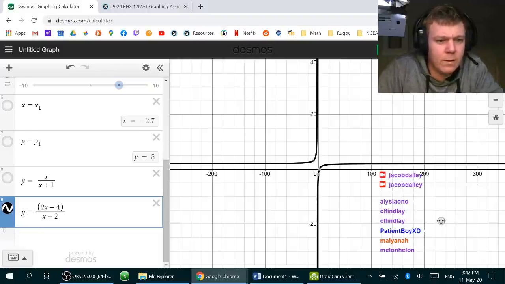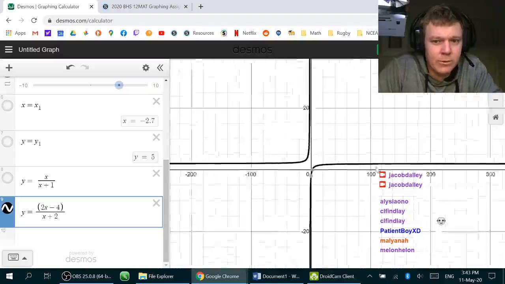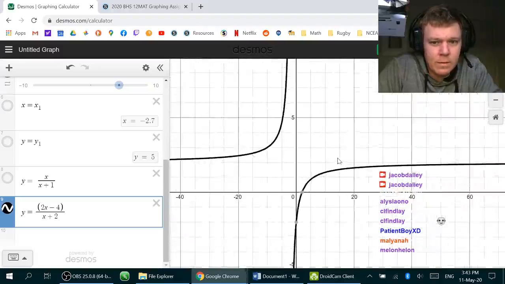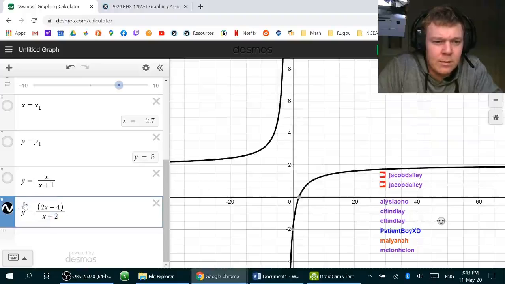So really what we have is 2 times infinity divided by infinity. So as x goes to infinity, y tends to get closer and closer to 2. So it's tending towards 2 as x goes to infinity. So these are other ways.